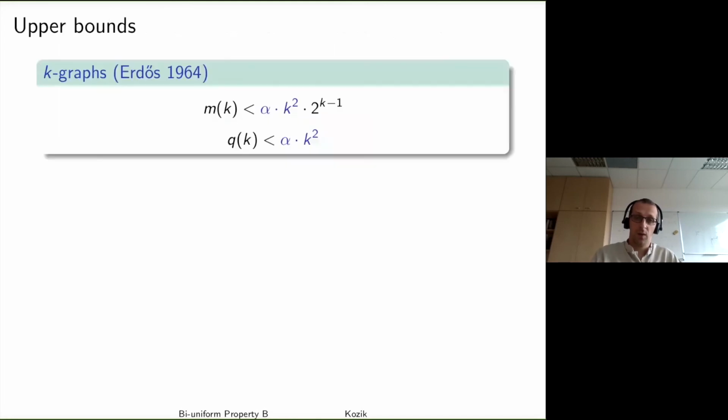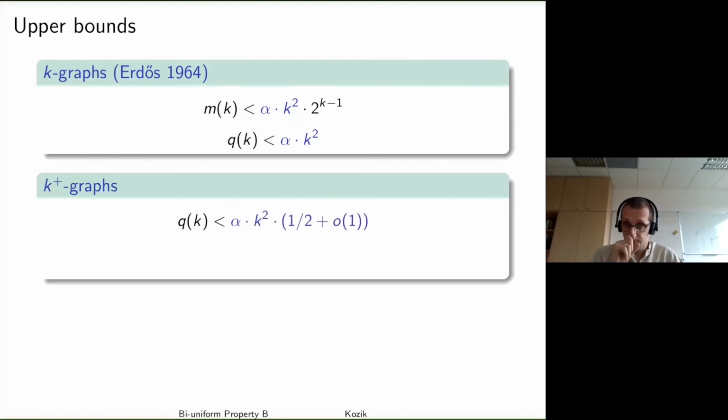Okay, before I stop, it might be good to take a look at the upper bound, because if the lower bounds are worse in the non-uniform case, that might be an indication that maybe the upper bound can be improved. And indeed, I just recalled the uniform upper bound by Erdős.